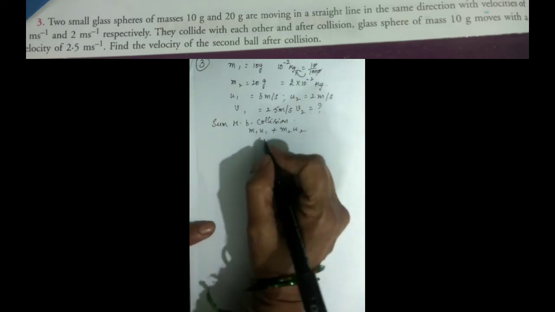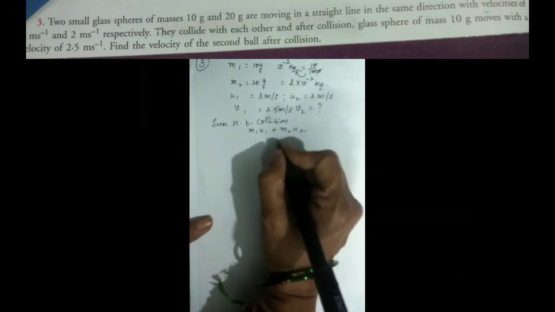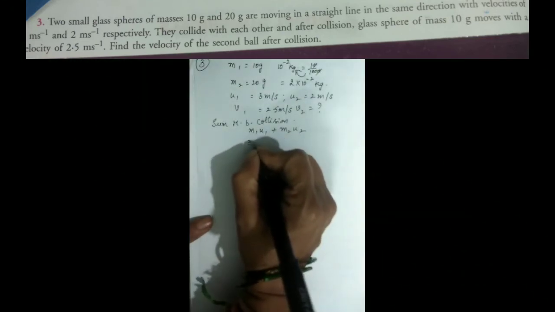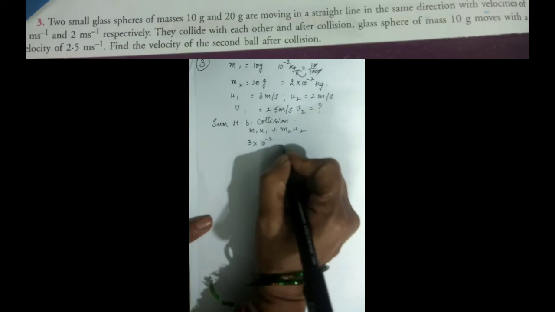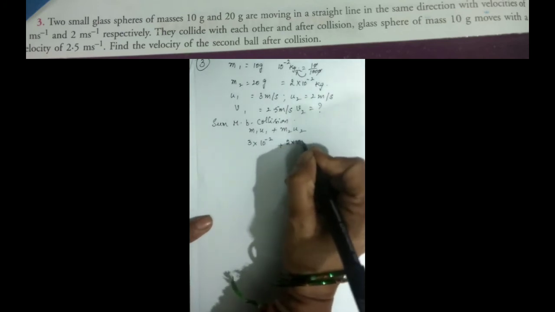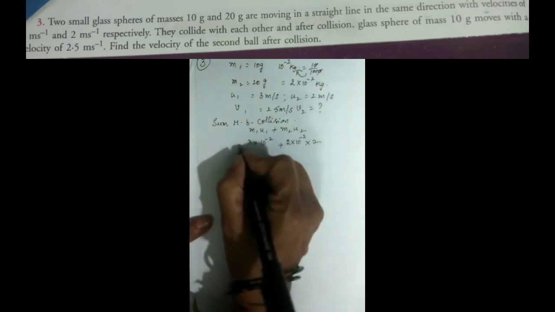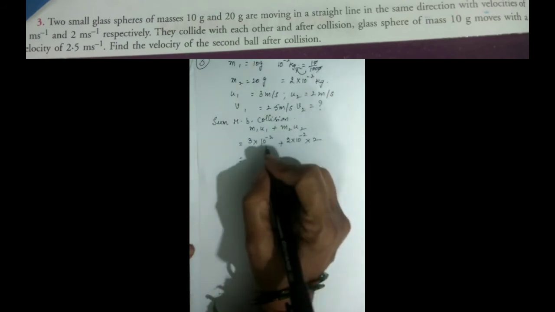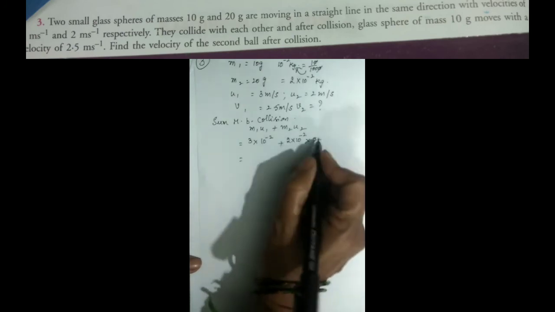So m1 u1 is 3 into 10 to the power of minus 2, plus 2 into 10 to the power of minus 2 into 2. 2 2s are 4.